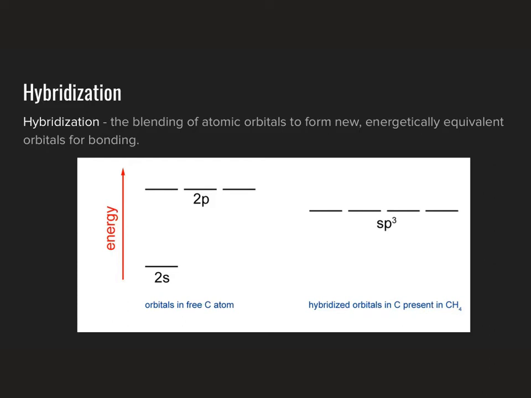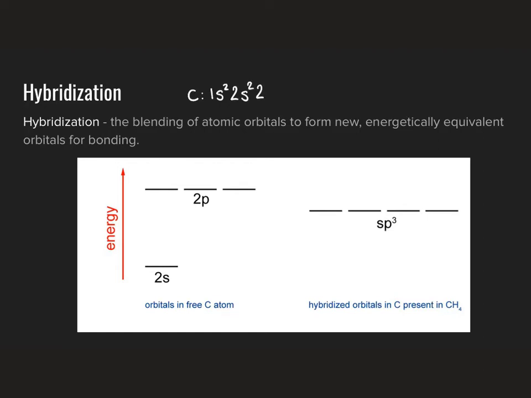this is essentially a portion of the Aufbau diagram for our carbon atom on the left-hand side right here. Let's just go ahead and fill in the Aufbau diagram with our arrows representing the positions of the electrons in a free carbon atom. So remember, our electron configuration was 1s2, 2s2, 2p2.